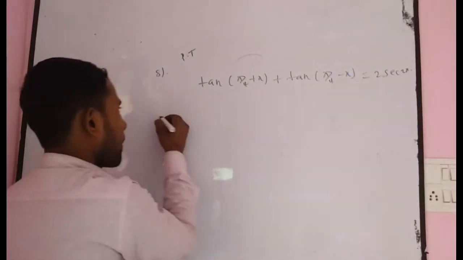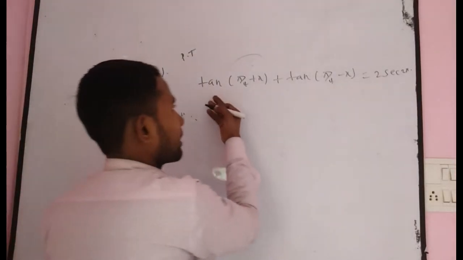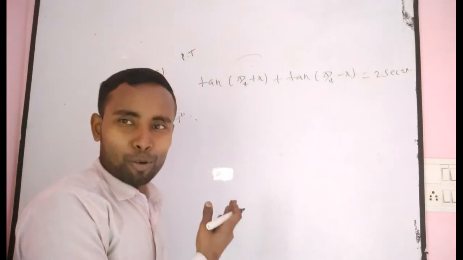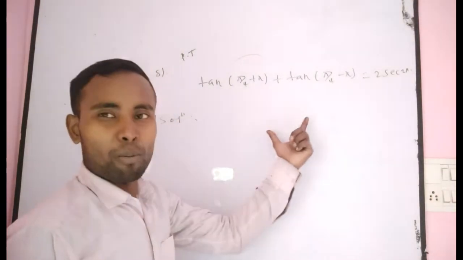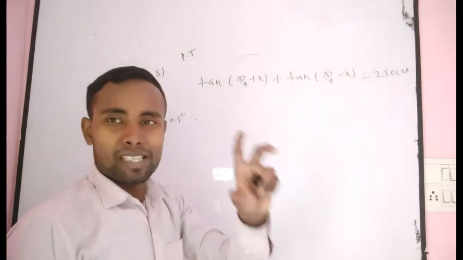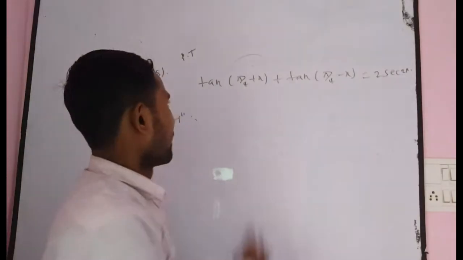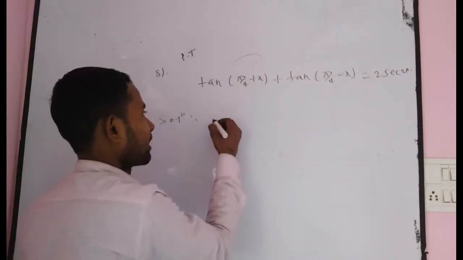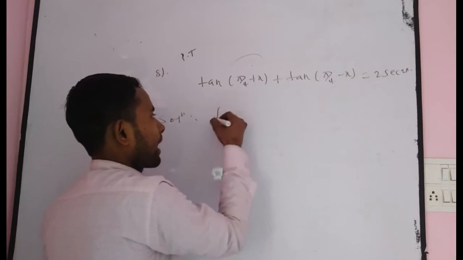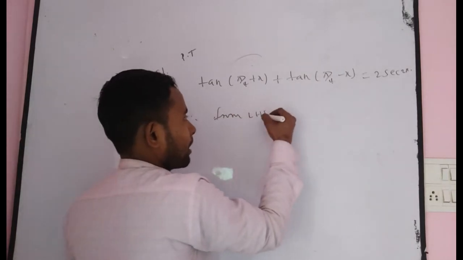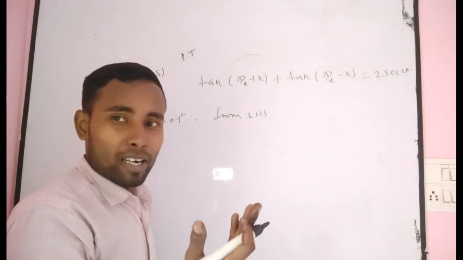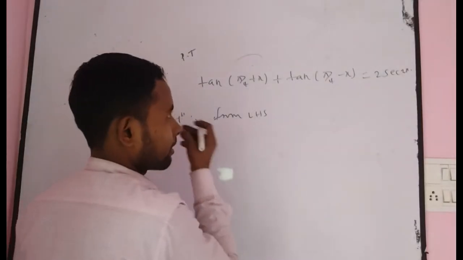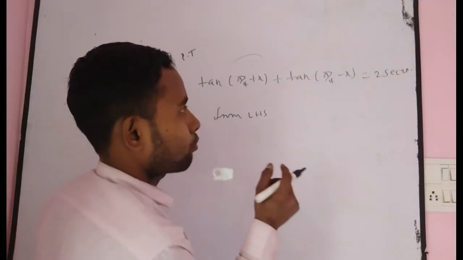How can you solve it? It becomes very easy. I think I have already told about this kind of problem. Very simply you can solve it, but I want to take some concepts, not a general way. From the LHS you can go directly, only one step, but there should also be some concepts that help to understand.